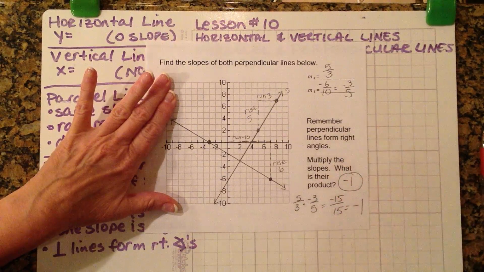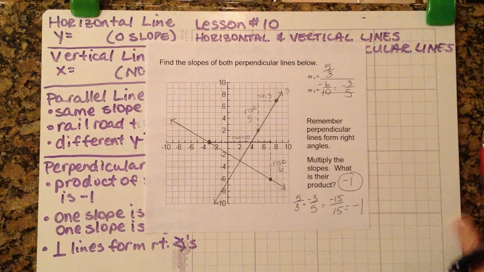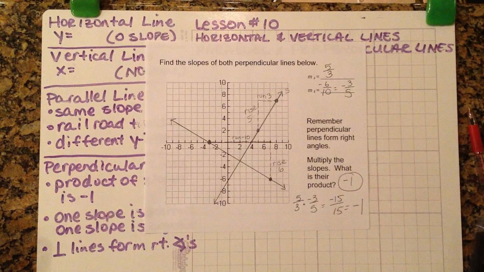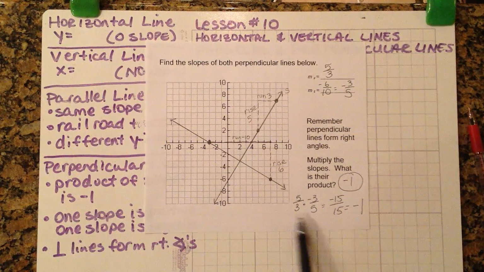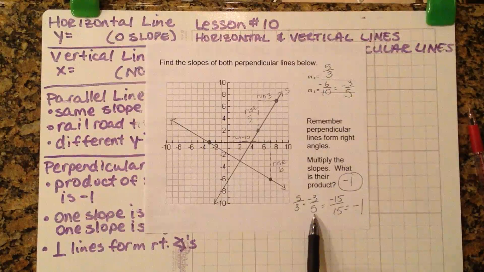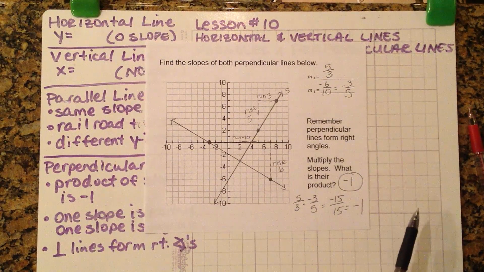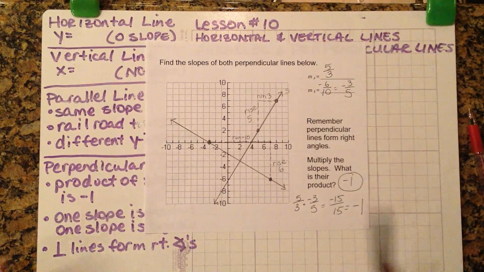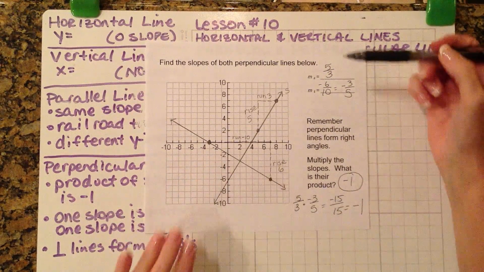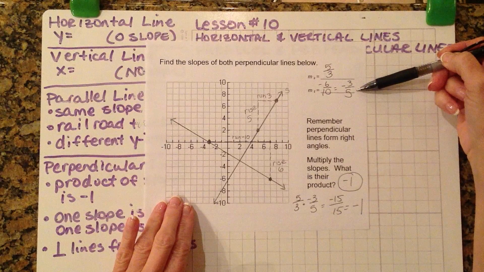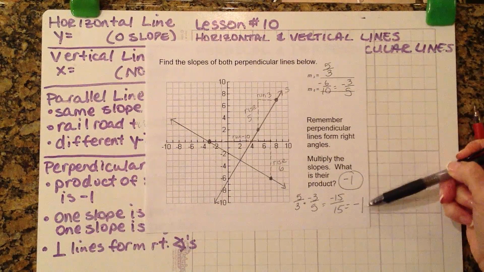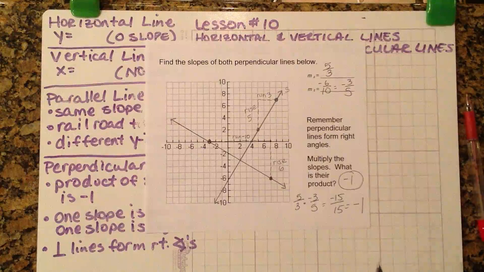So if you think you have perpendicular slopes, you multiply them together and get a product. If you get negative 1, then you know that the slopes are perpendicular. You don't necessarily have to graph it. If you're just given the slopes and you multiply them together and you get negative 1, yes, they're perpendicular.